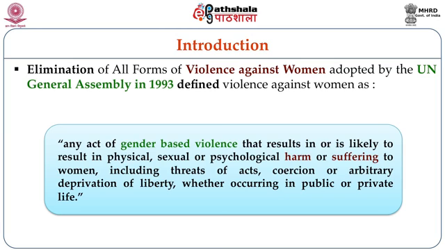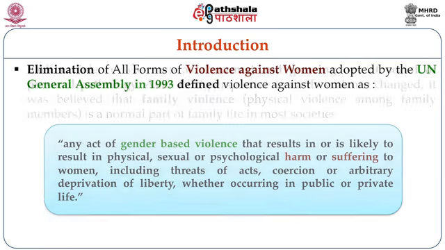This includes threats of such acts, coercion or arbitrary deprivation of liberty, whether occurring in public or private life. So the important components here are that it's not just physical, which is how it's usually defined, and it's not just in public spaces, it's also there in private spaces.